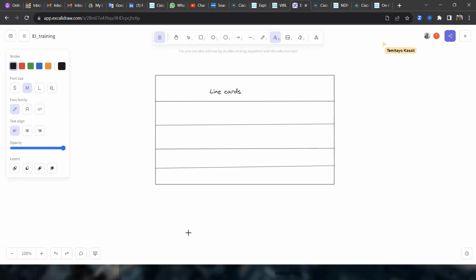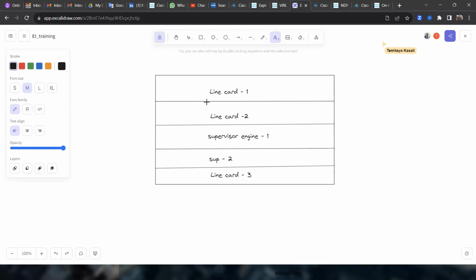Suppose this is line card number 1. Then you have line card number 2. Then you have supervisor engines. Suppose supervisor engine 1, then supervisor engine 2. And then further you have line cards number 3, 4, 5, 6.